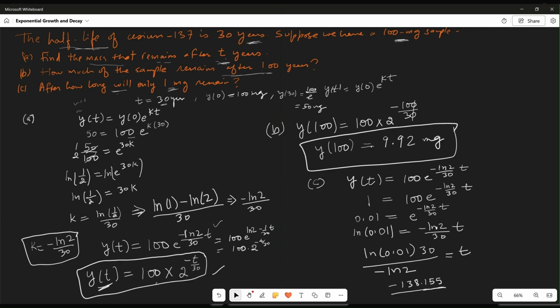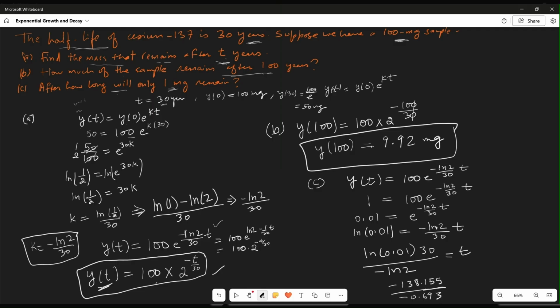Divided by negative of natural log 2, or natural log 2, right? Negative is there. And now natural log 2 is equal to 0.693147 something, but I'll just take up to three decimal places, and don't forget the negative.